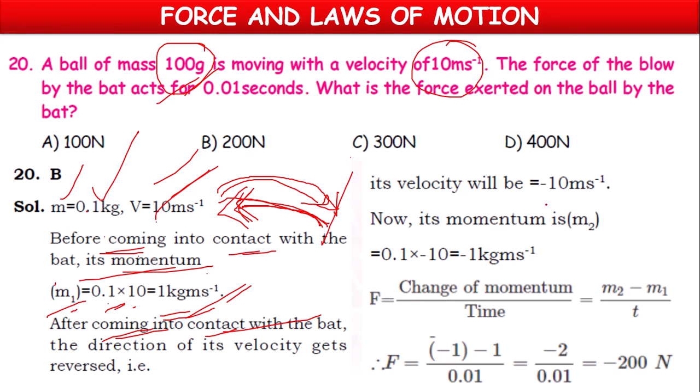So its velocity will be minus 10 meters per second. Now its momentum will be 0.1 into minus 10, minus 1 kg meter per second.